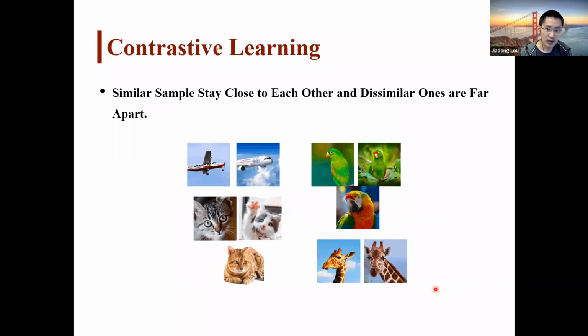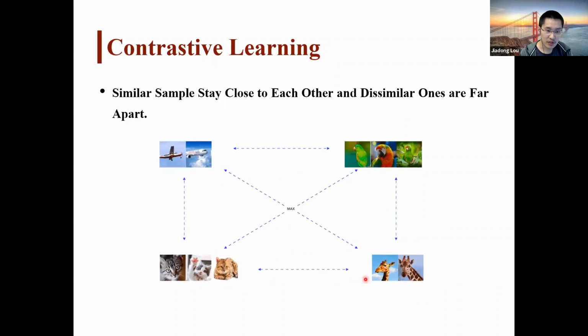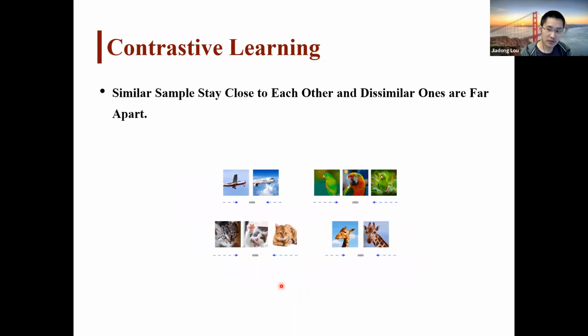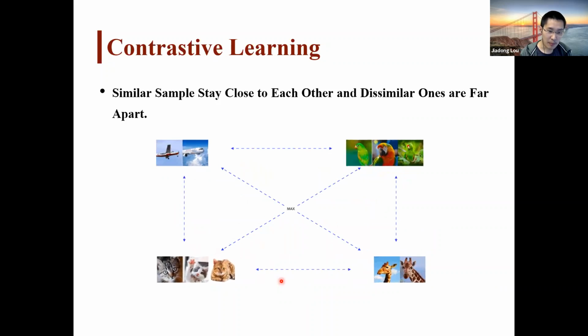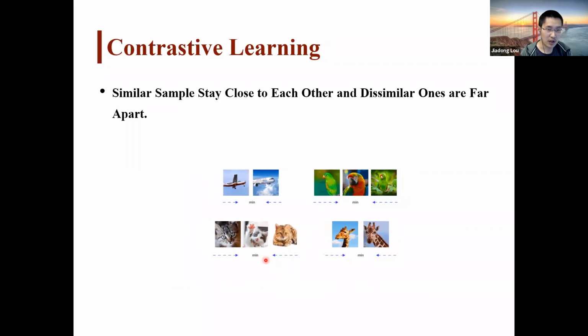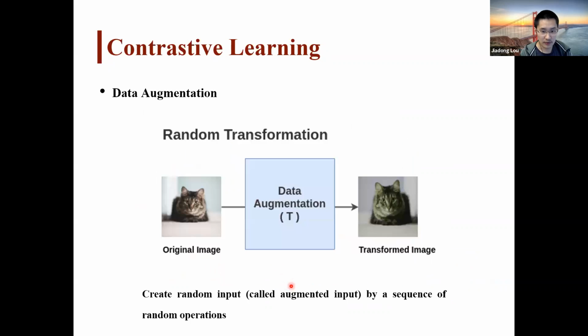So in brief, the goal of contrastive learning is to learn an embedding space in which similar sample pairs stay close to each other, while dissimilar ones are far apart. That is the main idea of contrastive learning. It is a kind of unsupervised learning.